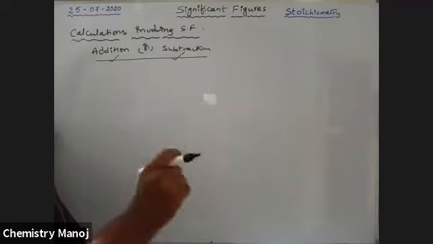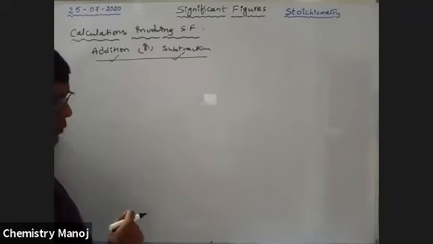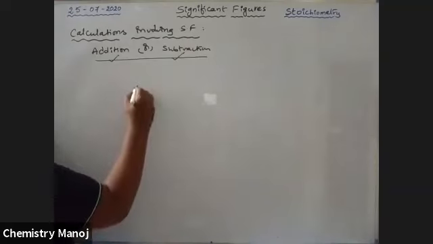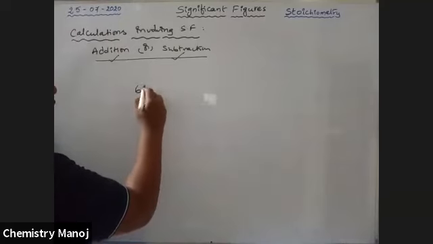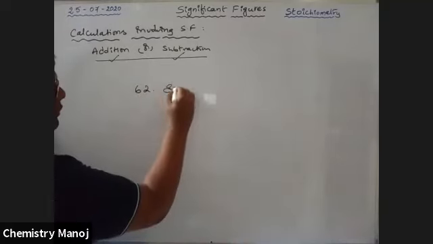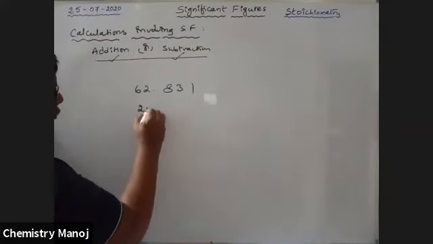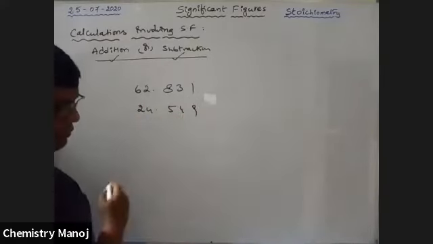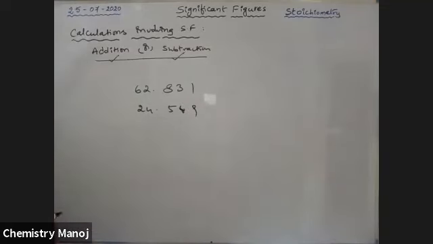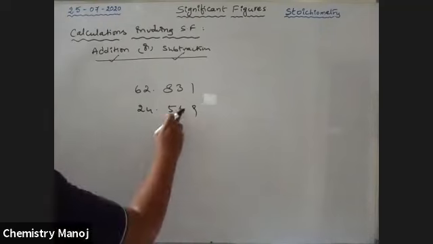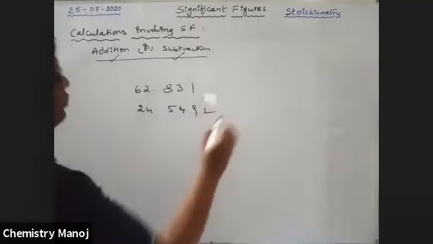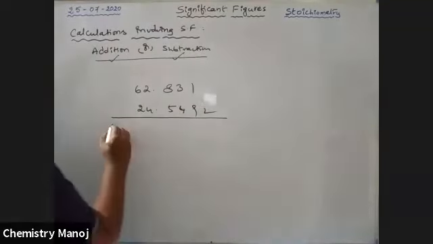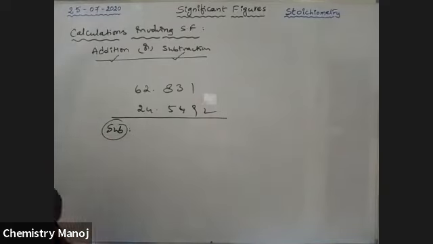Final answer with the least decimal place. See here: 62.831 and 24.549. Now apply subtraction and give the final answer.